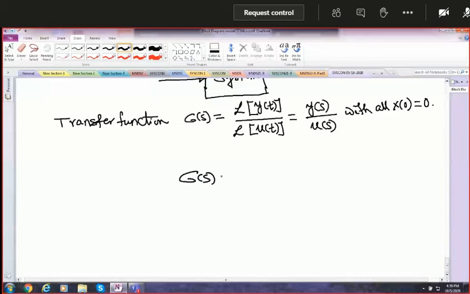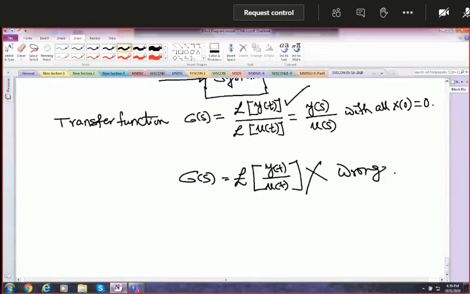This is the correct one: Laplace transform of output divided by Laplace transform of input. Not output by input and then Laplace transform. There are two Laplace transforms involved. So it must be very clear that all initial conditions have to be 0. The Laplace transform of output and of input should be calculated, and their ratio is G(s).